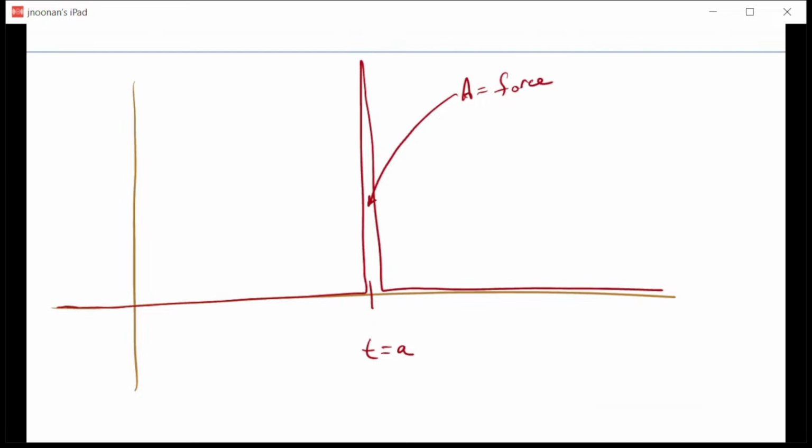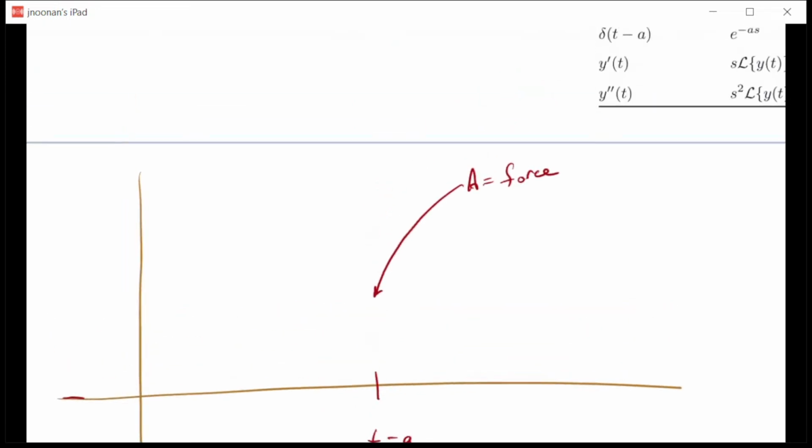Even this isn't a good model of exactly what's happening, because it's probably some sort of a bell curve. Because we can't say exactly how this is going to happen, we're going to imagine taking this amount of force that you're going to impart, and putting it into a single moment in time.